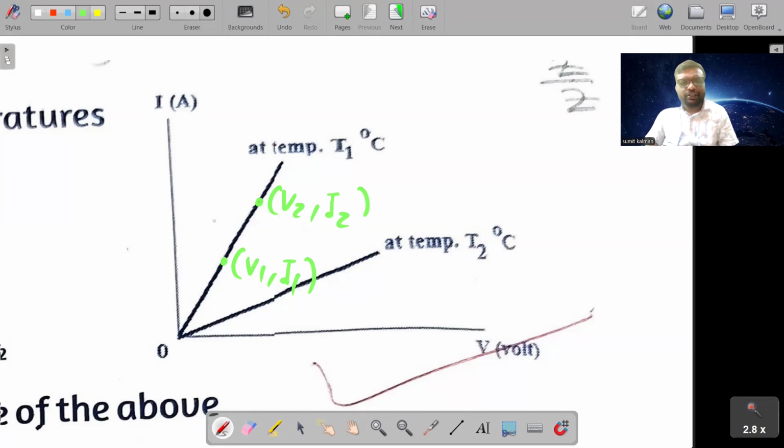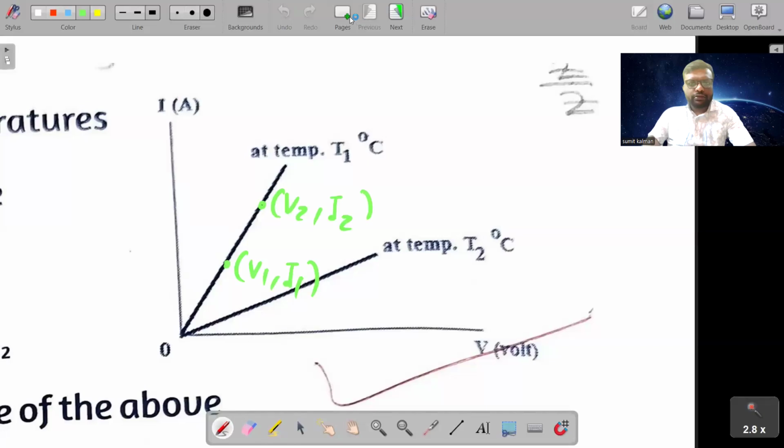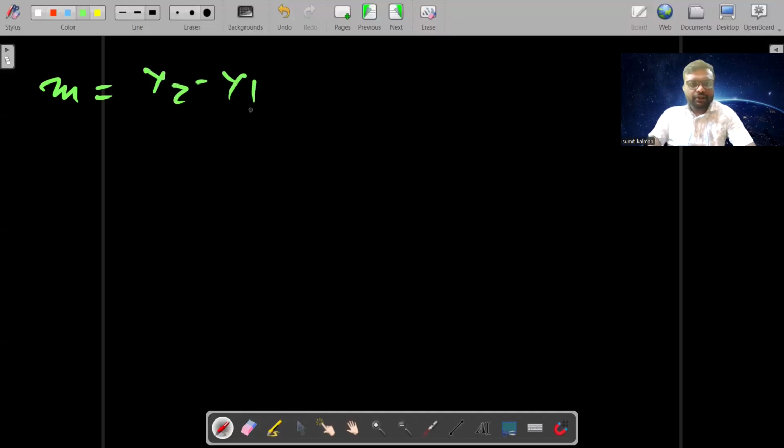So here students, what is the formula of slope? m is equal to y2 minus y1 upon x2 minus x1.